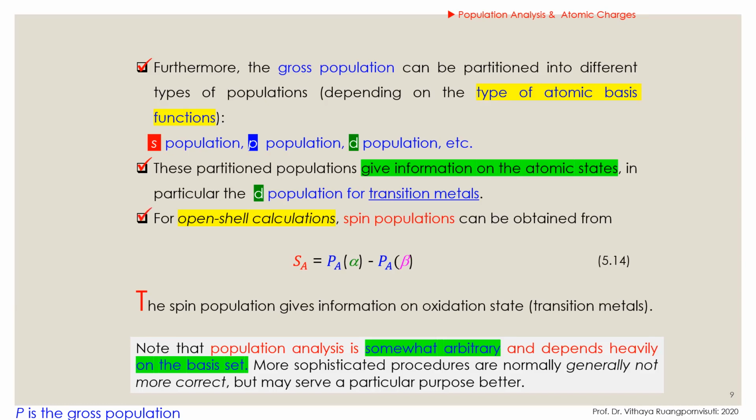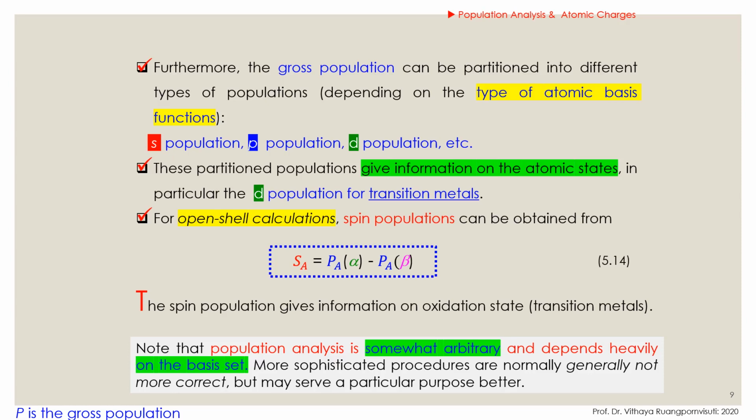For open-shell calculations, spin populations can be obtained from equation 5.14. Spin population S_A is equal to P_A, the gross population of the alpha electron, minus the gross population of the beta electron.